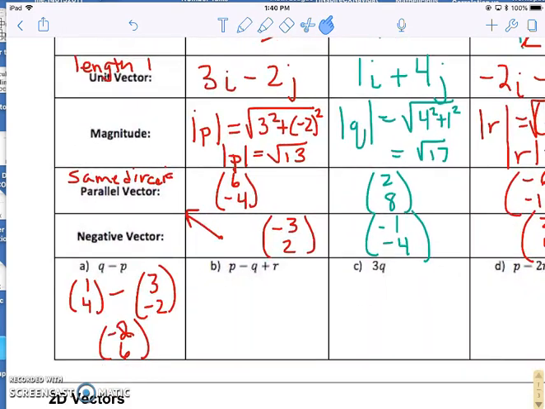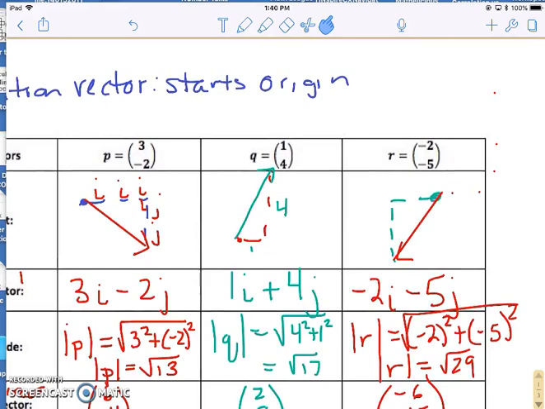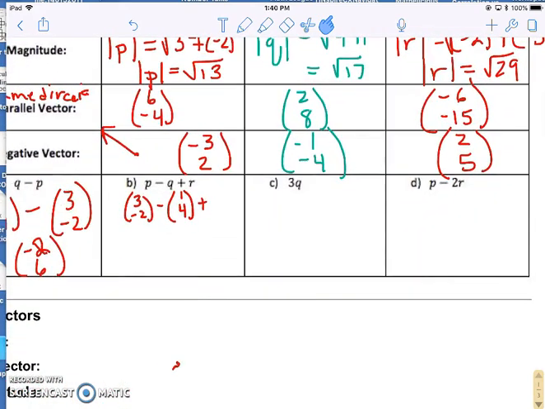So now we have P minus Q minus R. So 3, negative 2 minus 1, 4 plus our R of negative 2, negative 5.